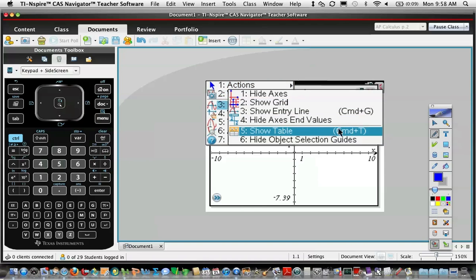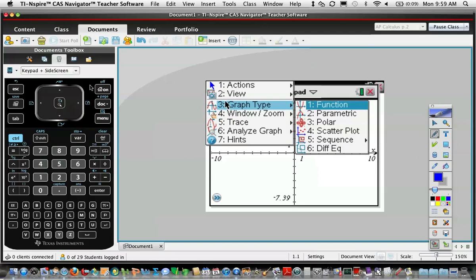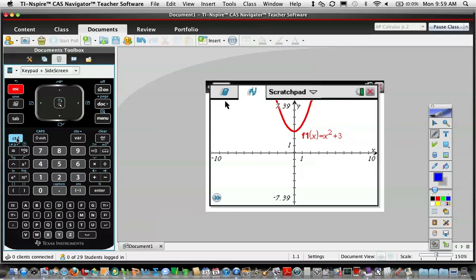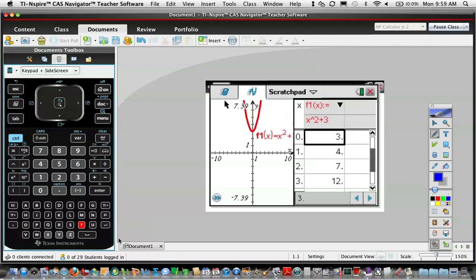Now you can also hit Control T. Mine says Command T, since I'm using the computer software. Control T brings up the table. So that's a nice little shortcut to know. When you're looking at a graph, hit Control T, and it'll bring up a table of values.